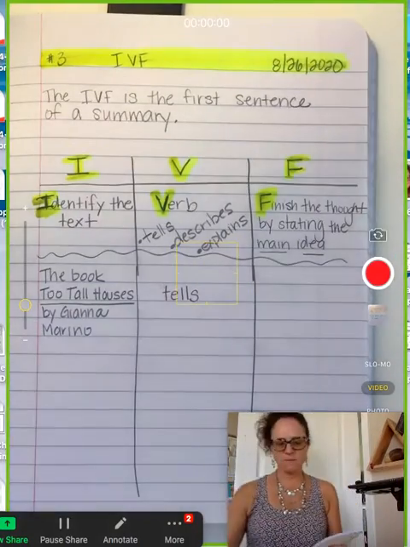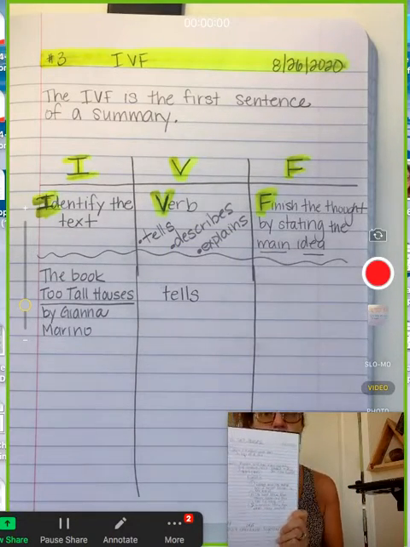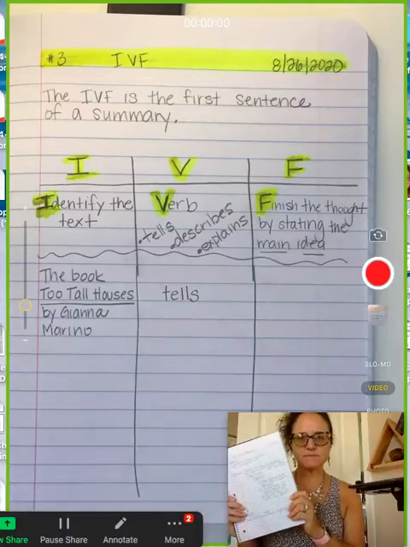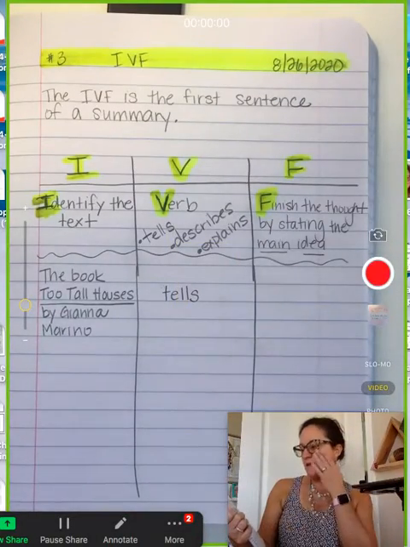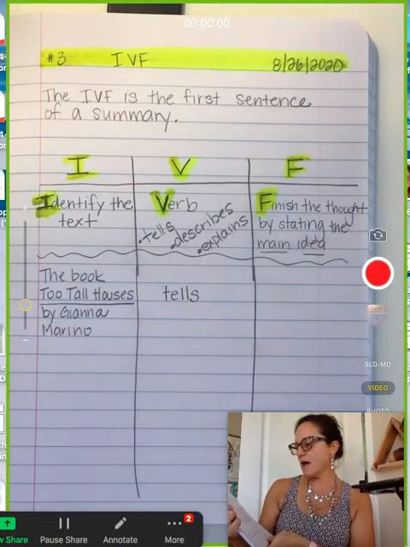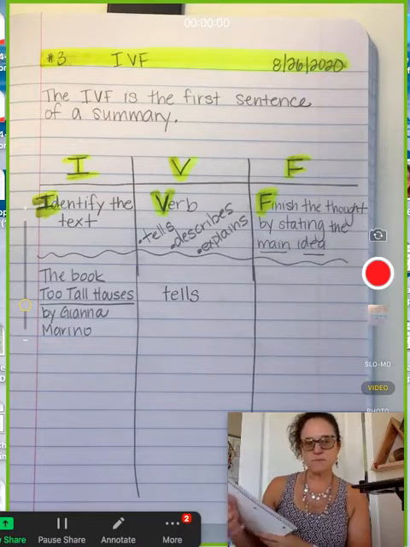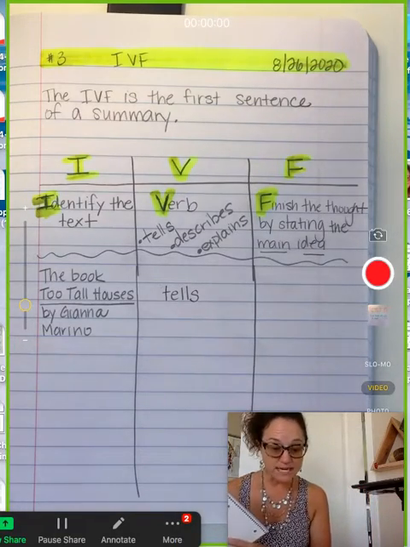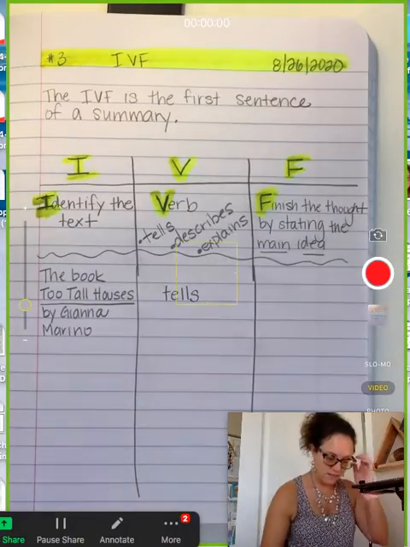So I'm gonna look back at my notes from this morning. We have lots of details, like the story was about Rabbit and Owl. It took place on the top of a hill. They were building their houses. They were kind of competing with each other to see who could have the tallest house.